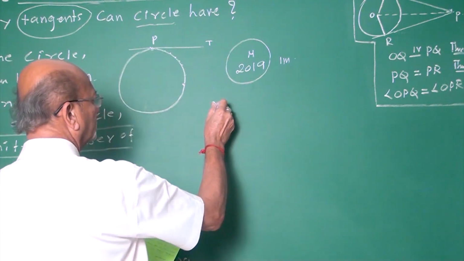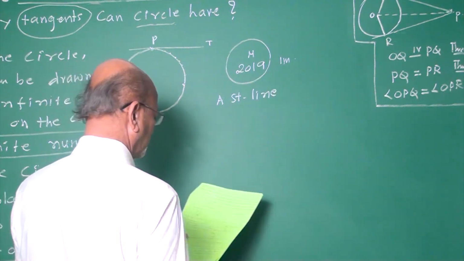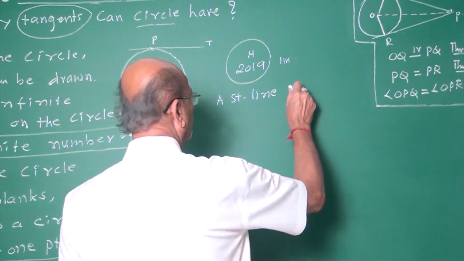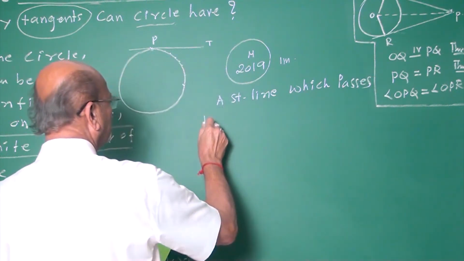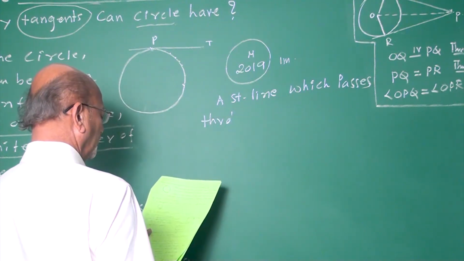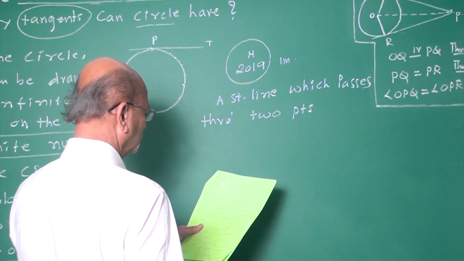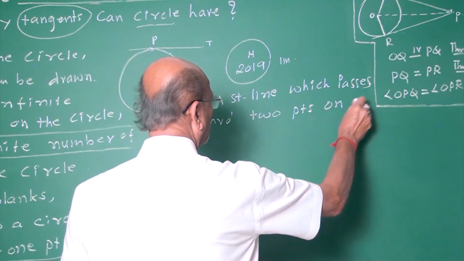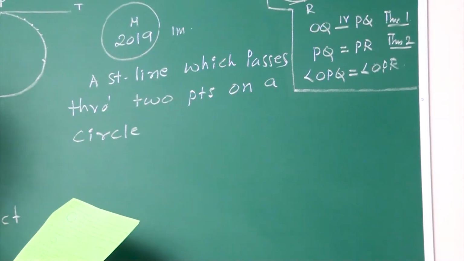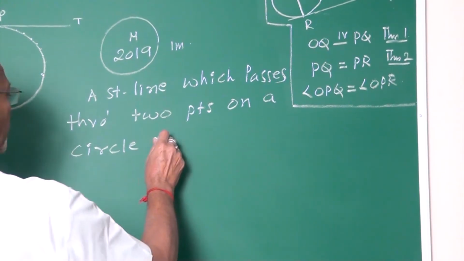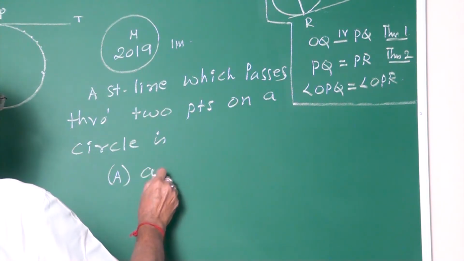A straight line which passes through 2 points on a circle is: Option A, a chord.